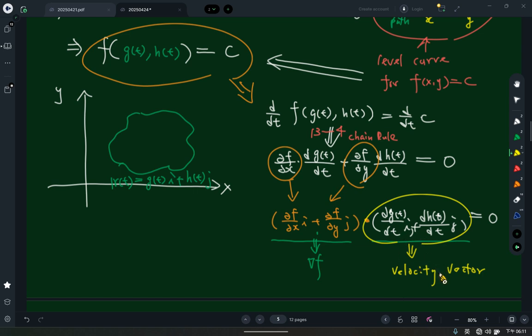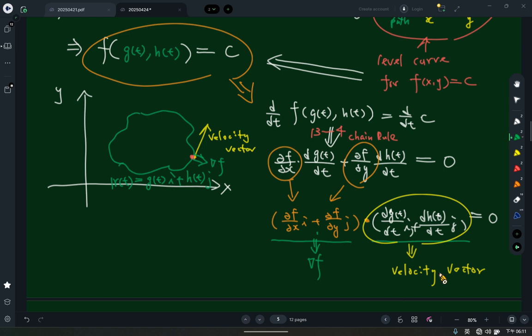What is the velocity vector? If this is a position vector, then for example, for this point, this might be its velocity vector, and this will be its gradient vector.